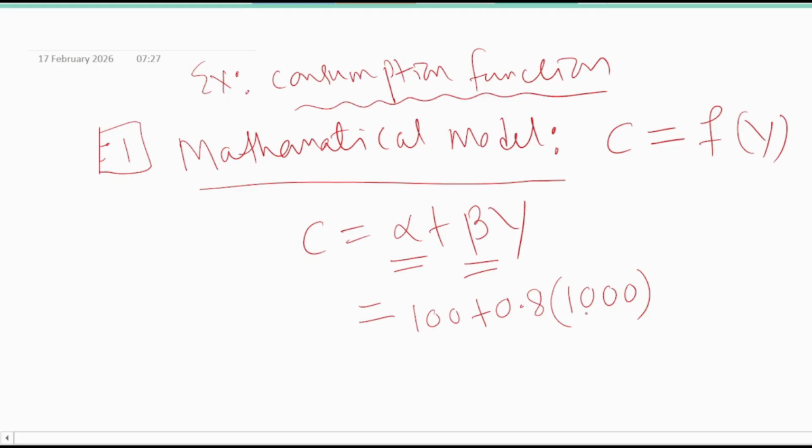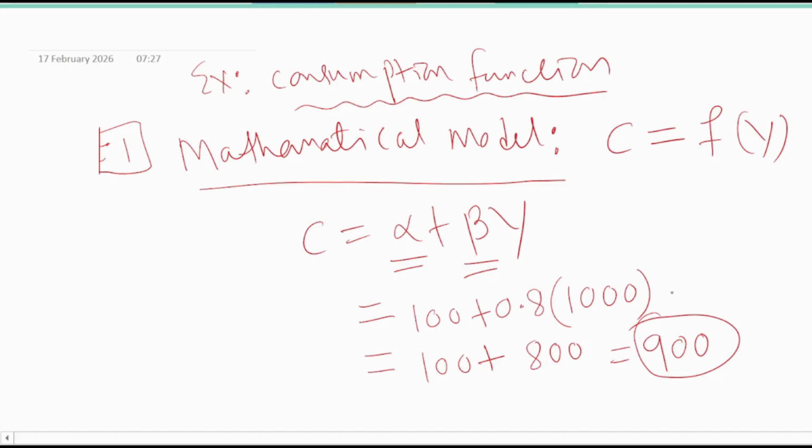So the income now is equal to 1000. How much will be the consumption? It will be equal to 100 plus 0.8 into 1000. That means 80% of 1000 income, that will be equal to 800. That will be equal to 100 plus 800 equal to 900.